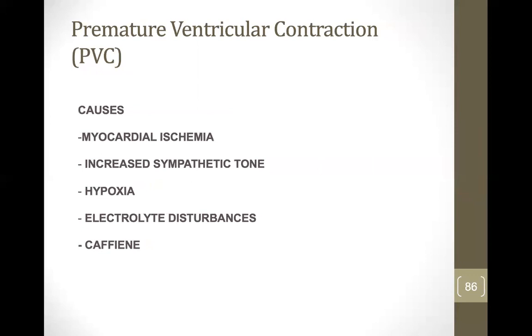So what are the different reasons why it could be coming? Well, it can indicate things like a lack of blood flow, leading to a lack of oxygen within the system. It can be because you're nervous or stressed and have an increase in your sympathetic activity. It can be because of a lack of oxygen or some electrolyte disturbances because the ions aren't flowing appropriately.